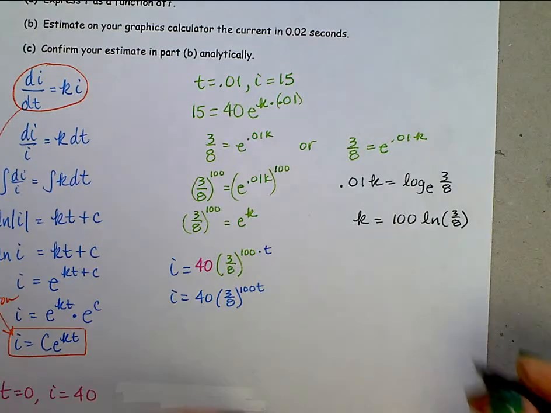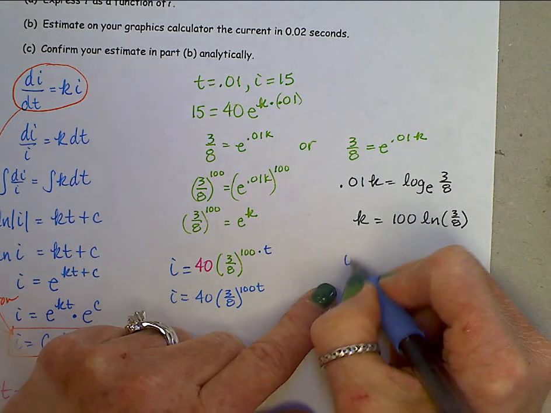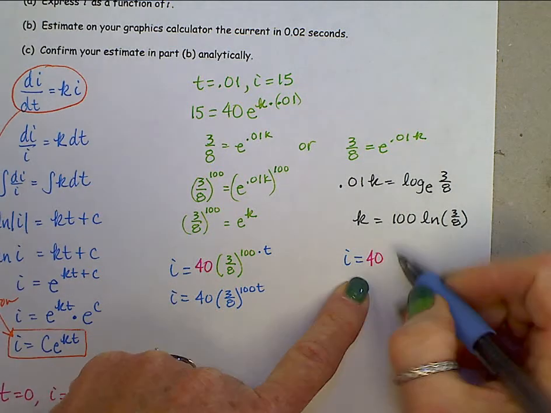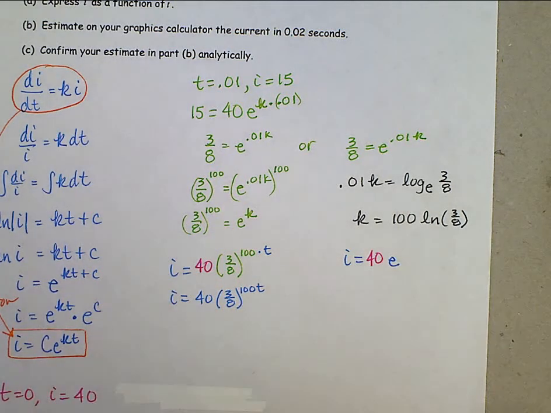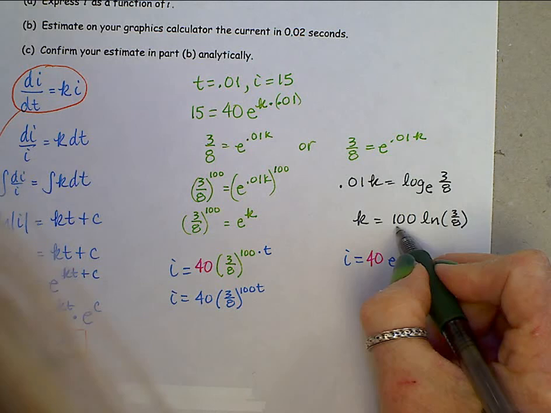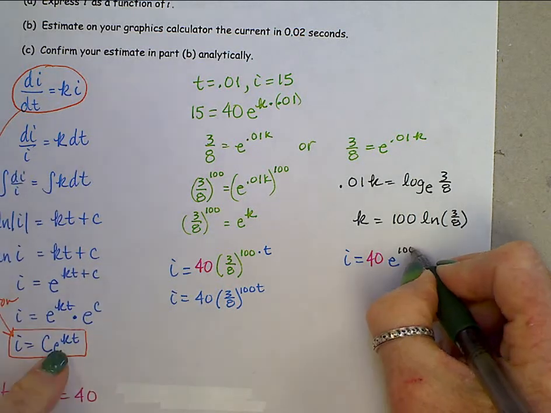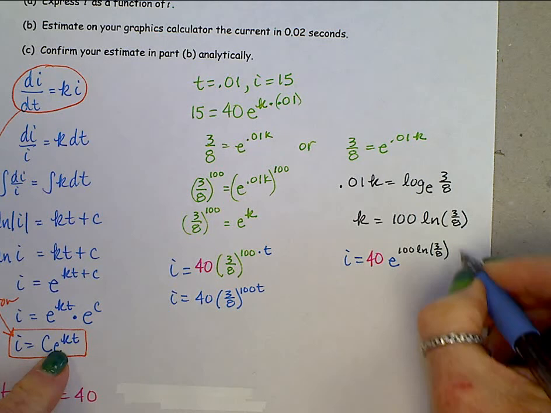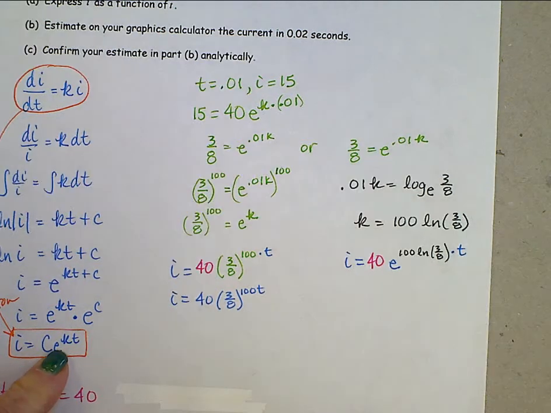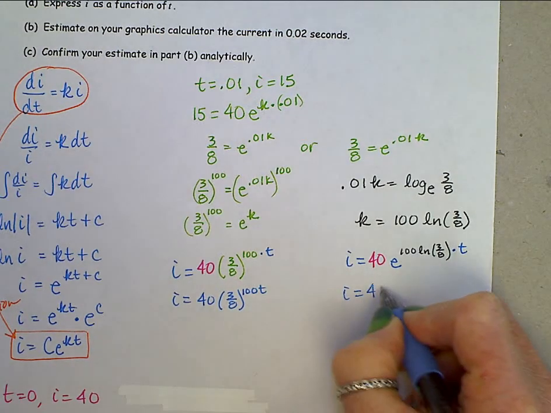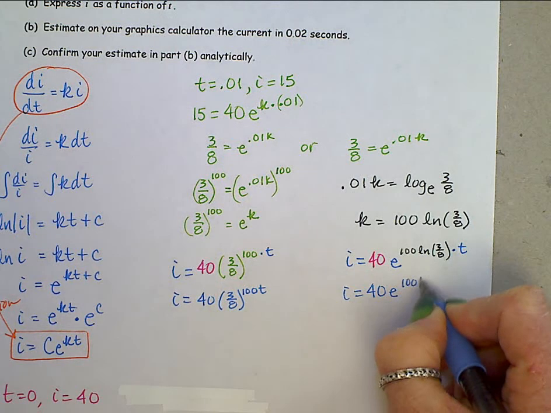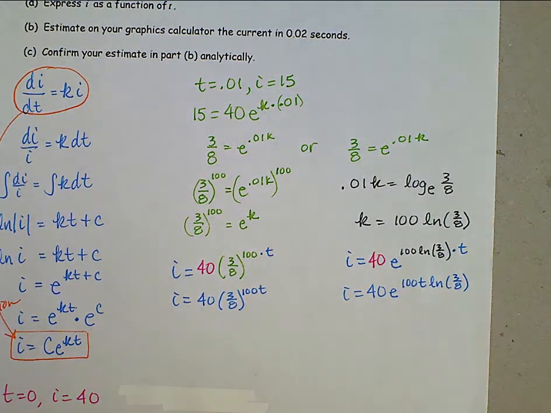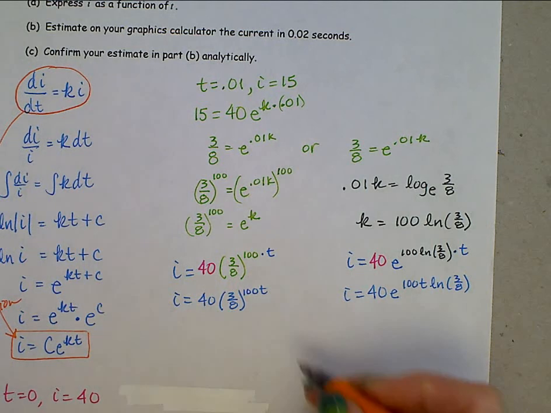So when we go to write this equation now, we have I equals, same C, 40, this time we have e to the k. That's your k right there, 100 ln 3/8. And then that's times t. Yuck. I equals 40e to the 100t ln 3/8. Whew. Either format is acceptable.